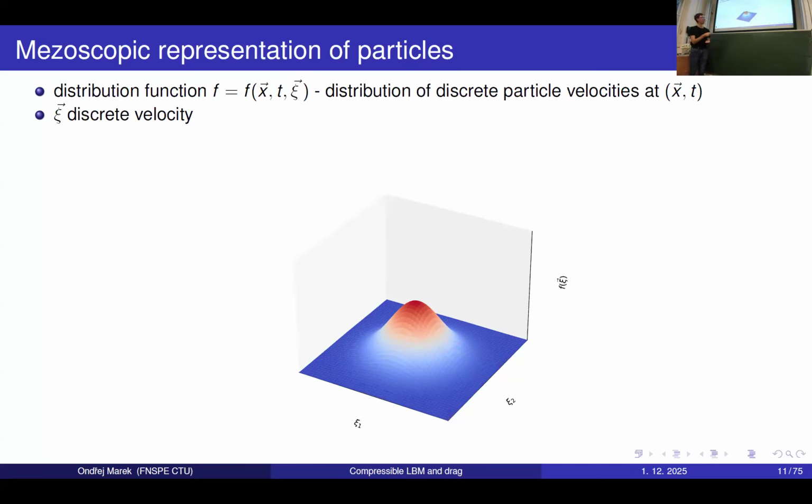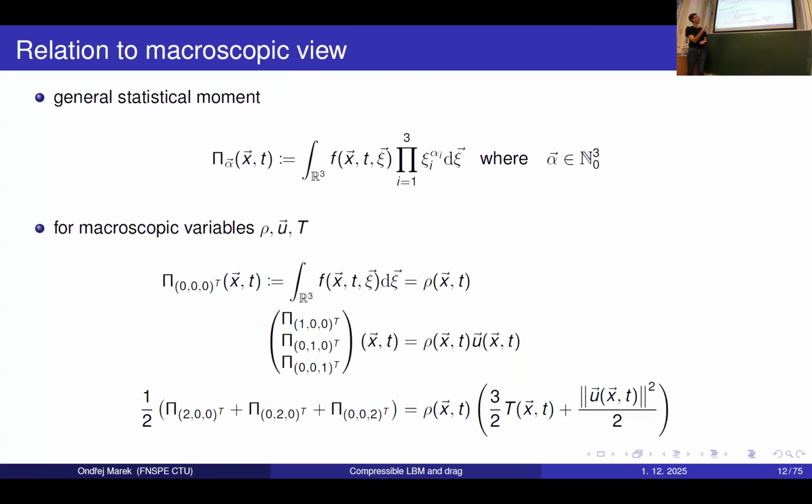Everything is just probabilistic, so there are no particles moving with a particular microscopic velocity, but in some area, just like in the continuum, but now the small area is also in the velocity space, not only in spatial and time.